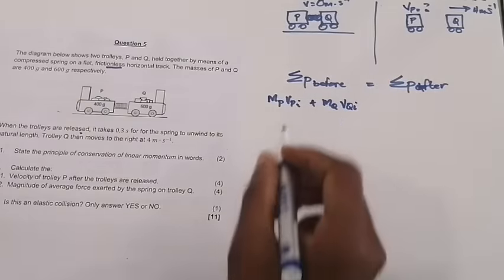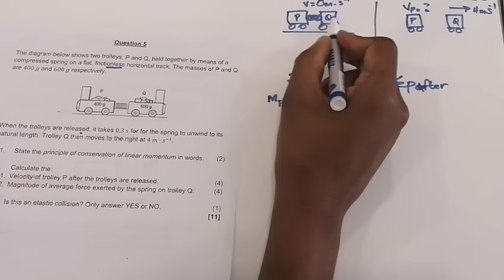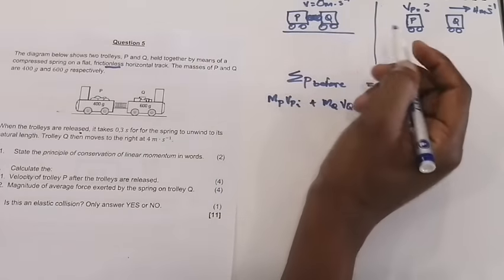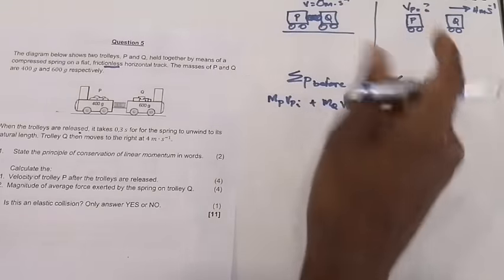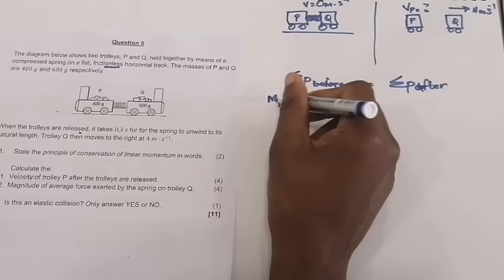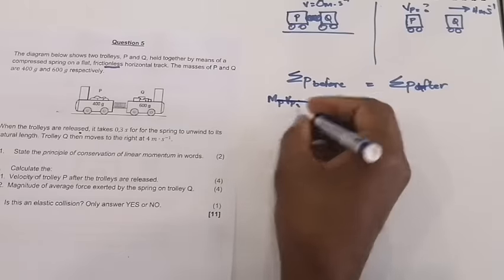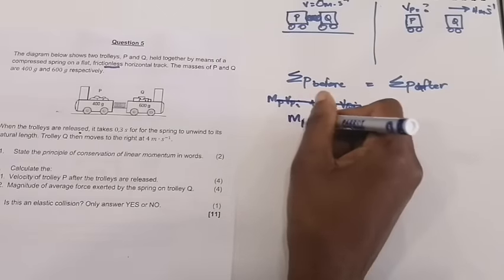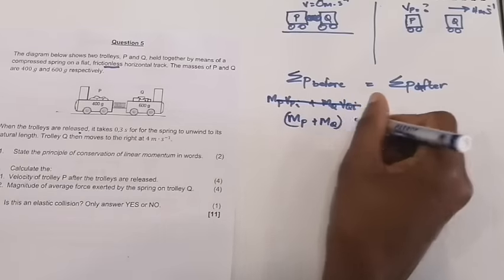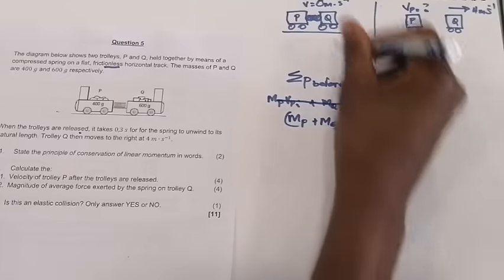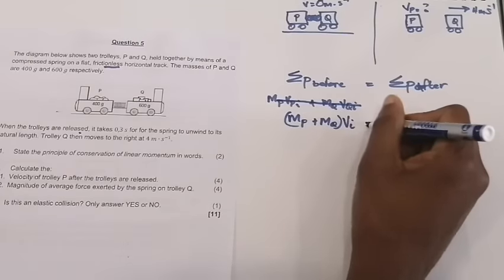initial. Now please, once again, I want you to note, before collision, P and Q were actually one thing. They were actually put together as one system. So what we could have done here instead is just simply to say mass of P plus mass of Q and their initial velocity there. Okay, they had a common velocity. They're moving together.